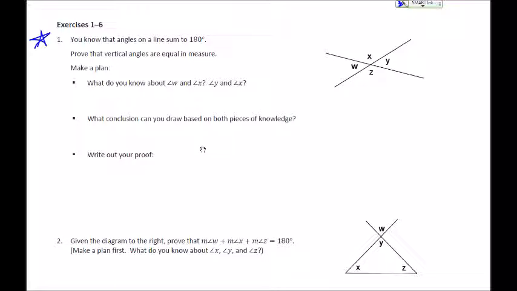So this one, we are asked to prove that vertical angles are equal in measure. Now, to help us think through how to go about proving that, we will think about what things we know about angles W and X and Y and X. Well, we know that W and X are right here. They form a linear pair.